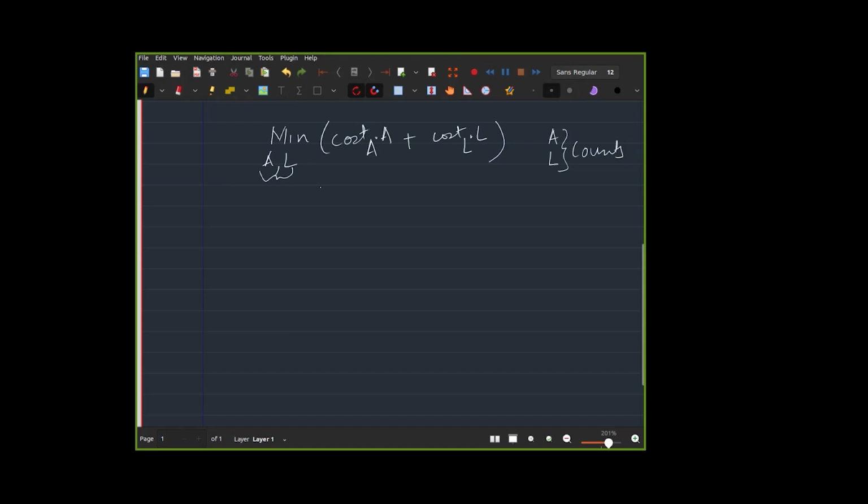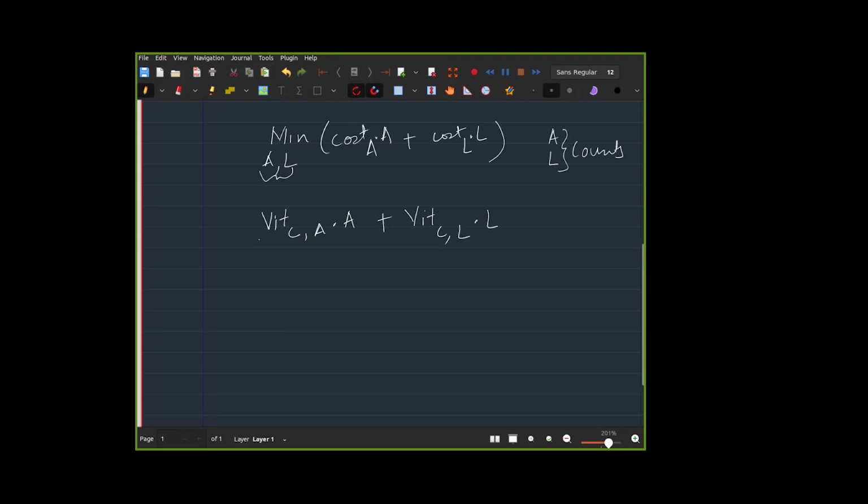Okay. Now I also told you there were certain budgets, right? So let's first calculate the total consumption of vitamin C if I eat A apples and L lemons. That would be my vitamin C in apple times number of apples plus vitamin C in lemon times number of lemons.